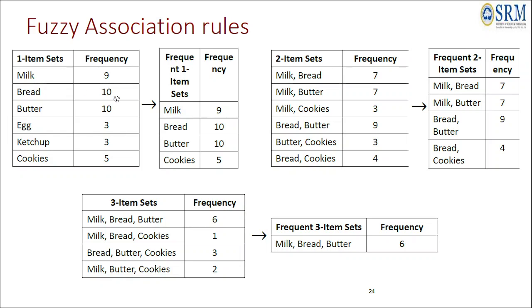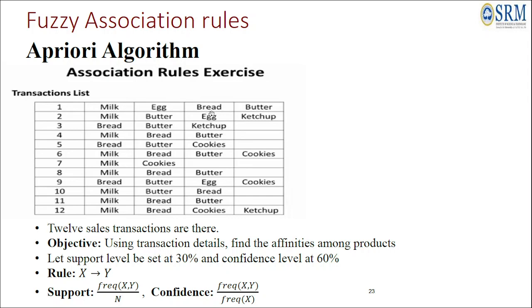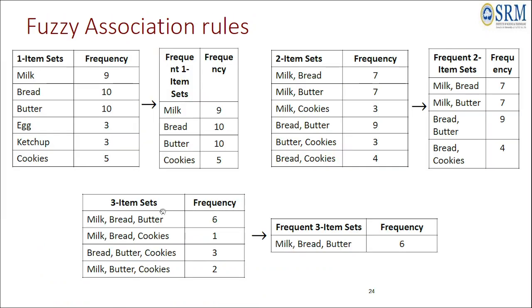Similarly, bread is occurring under 10 transactions, 1, 2, 3, 4, 5, 6, 7, 8, 9, and 10. Similarly, butter also under 10 transactions, egg under 3, ketchup under 3, and cookies under 5.